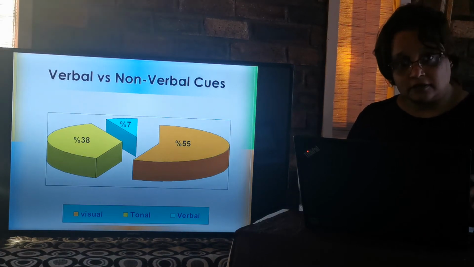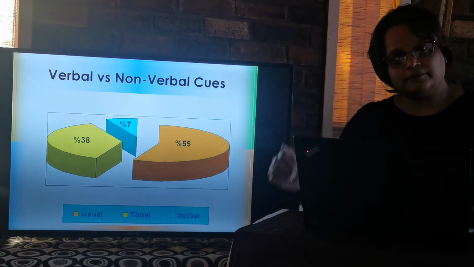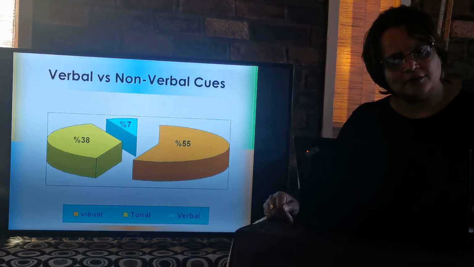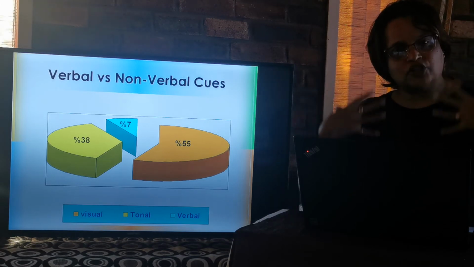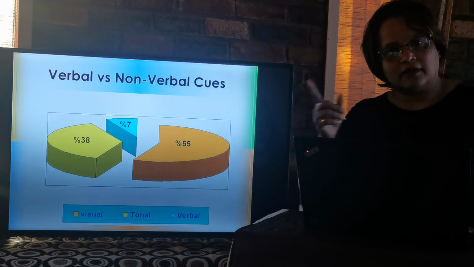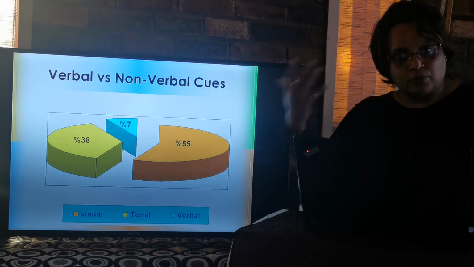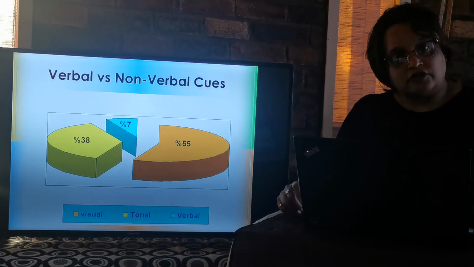No wonder it is the second part of the pie. And then lastly, verbal. Strange that your body gestures and the way you say something actually goes in much more than the words you're saying.